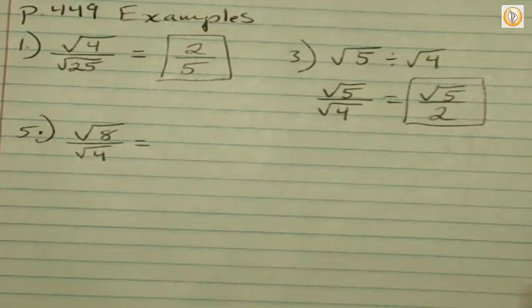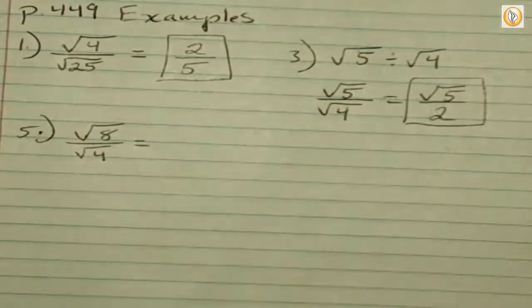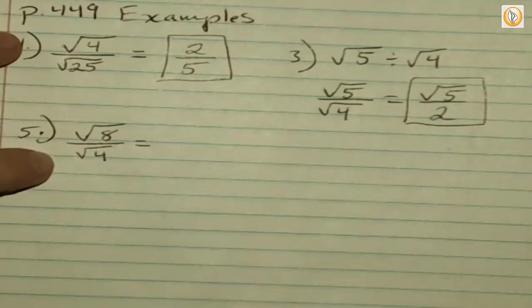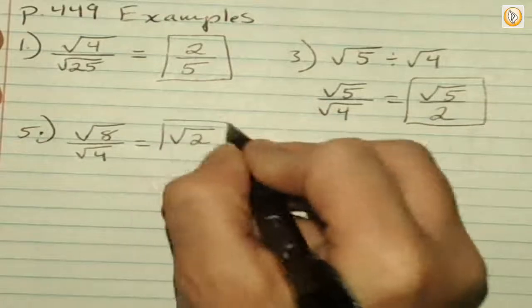Well, one of the first things we do is see if they can be evenly divided. So your answer would be 2? Just plain old 2? Square root of 8 divided by square root of 4. Square root of 2. There you go.